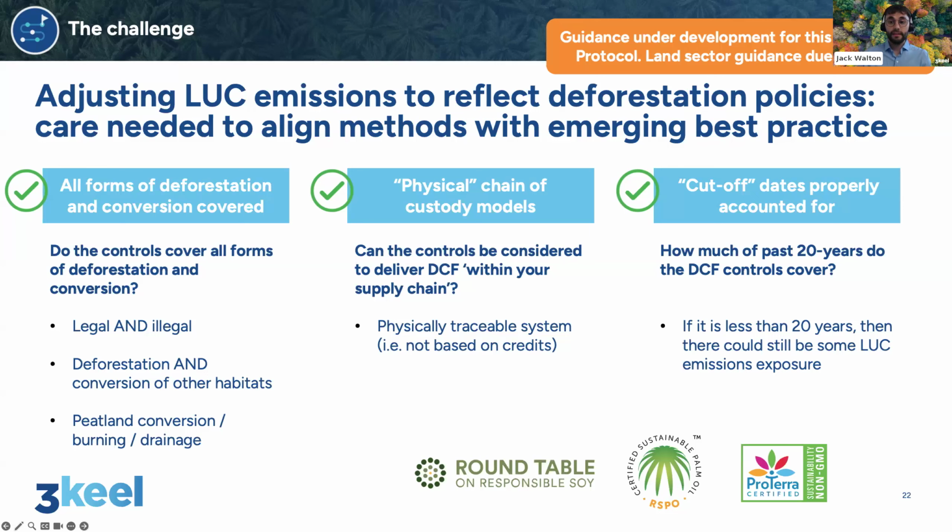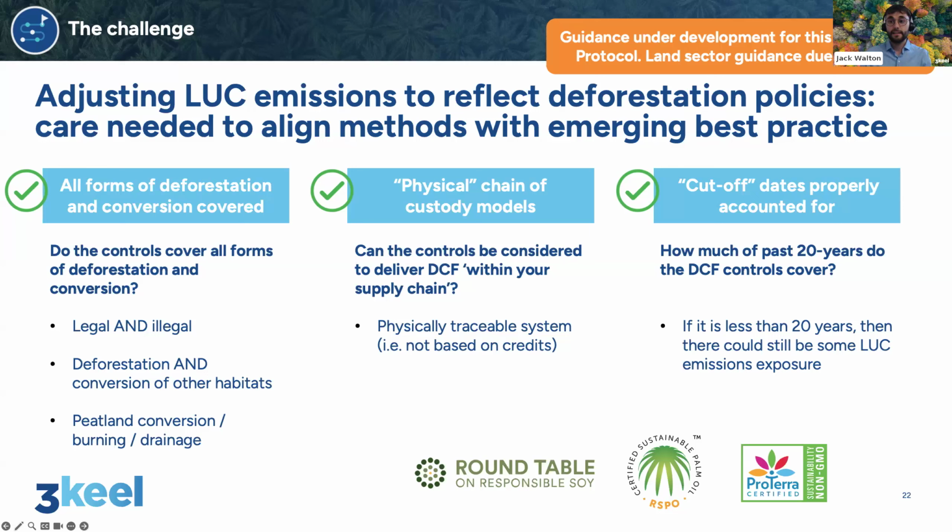And then with the deforestation and conversion-free practice policies and certified commodities that you're buying, you need to make sure that those align with the standards to make sure those can be robustly reflected within your greenhouse gas emissions inventory.